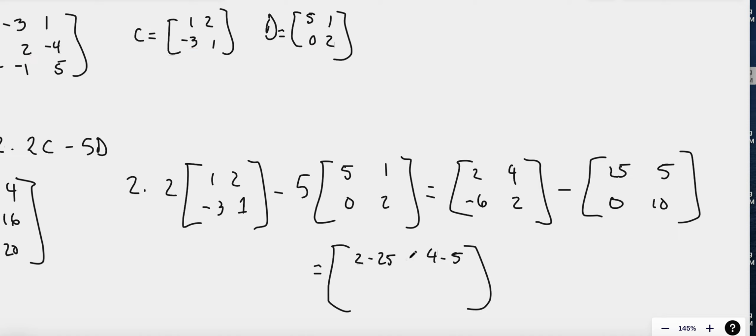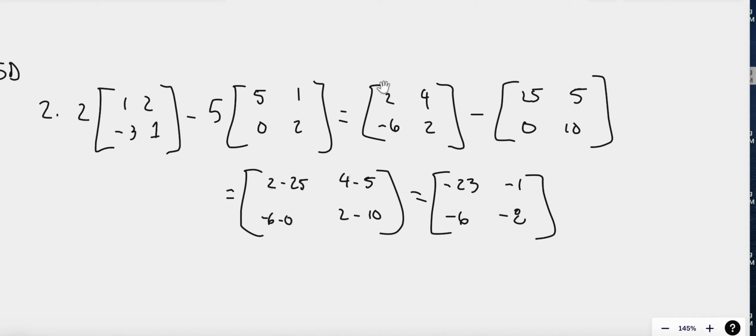But I just wanted to show how we arrive at that final answer. 2 minus 25 would be -23. 4 minus 5 is -1. -6 minus 0 is -6, and 2 minus 10 is -8. So there we have our final answer for number 2.